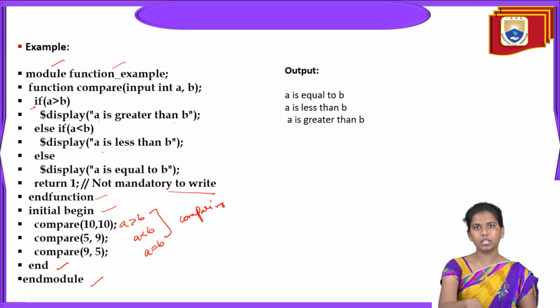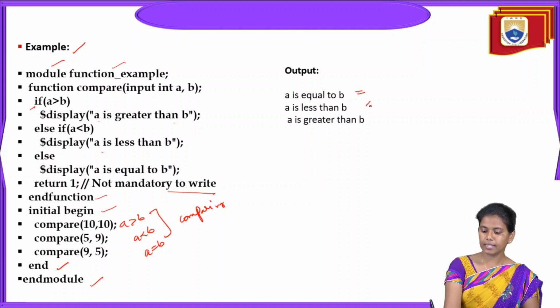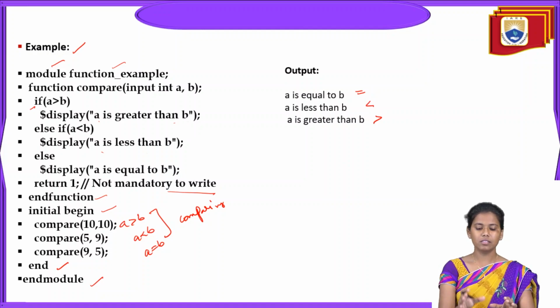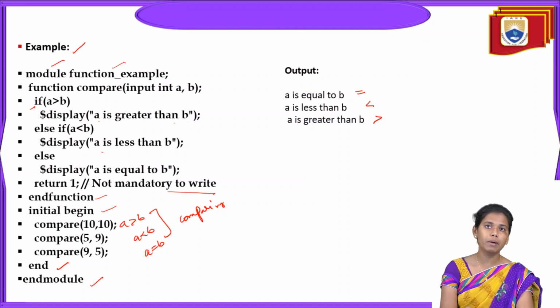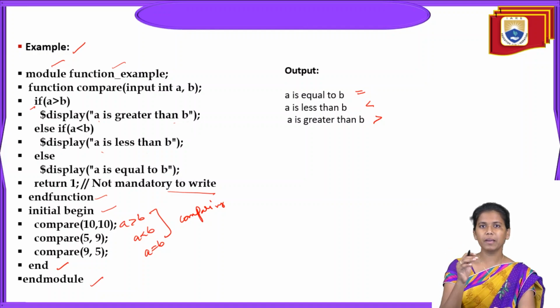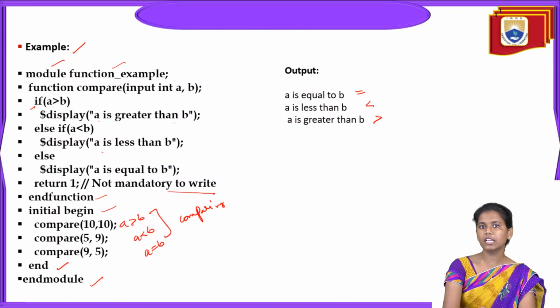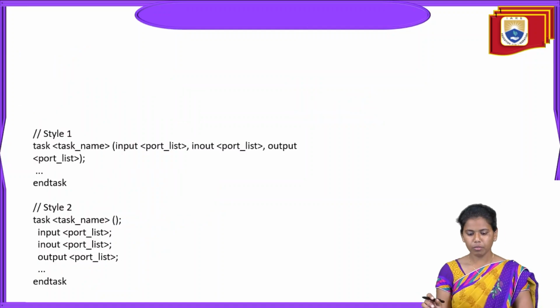So this is the example that I have considered, and the output I will get is A is equal to B, A is less than B, and A is greater than B. This example is all about the function, the syntax of how we write a function using the keywords function and end function, just by comparing the two elements A and B. This is what the explanation is. Okay, then we'll move forward.